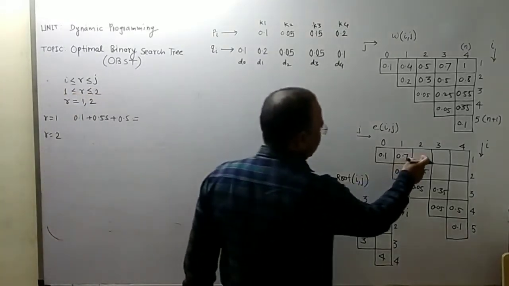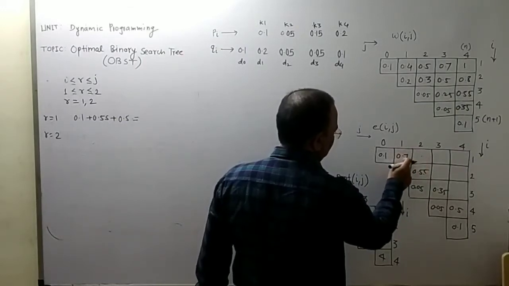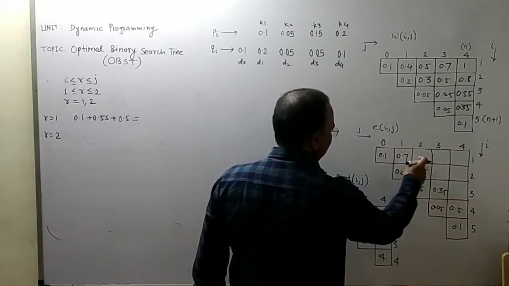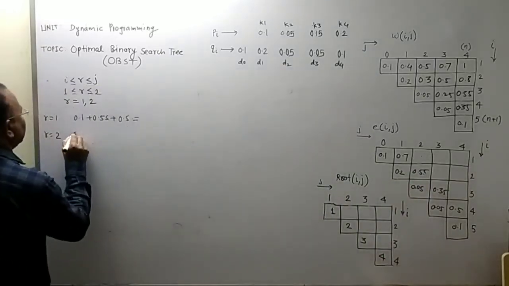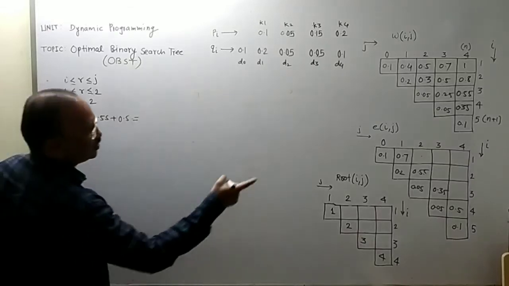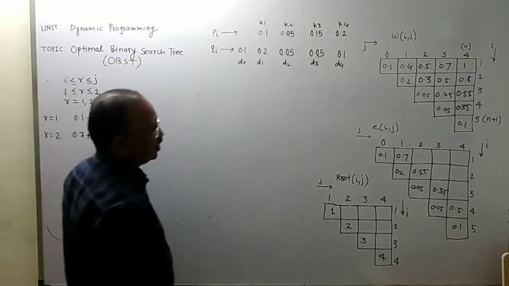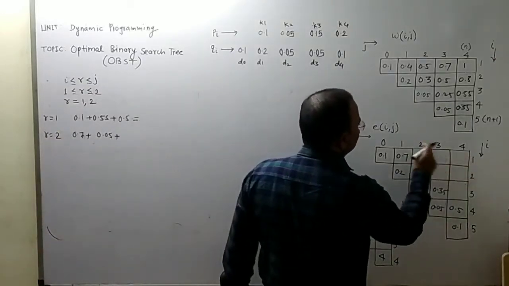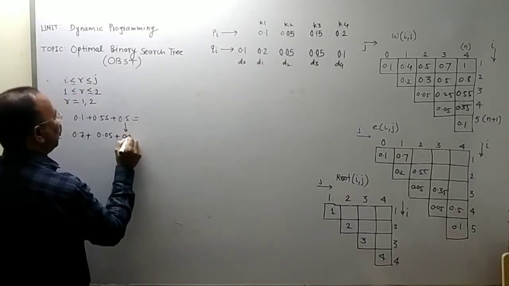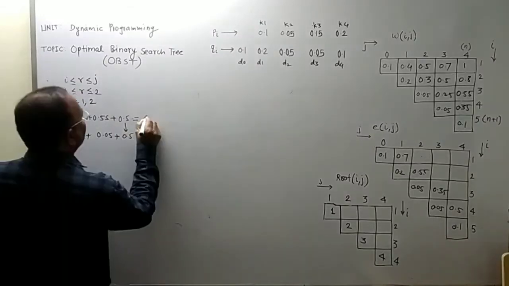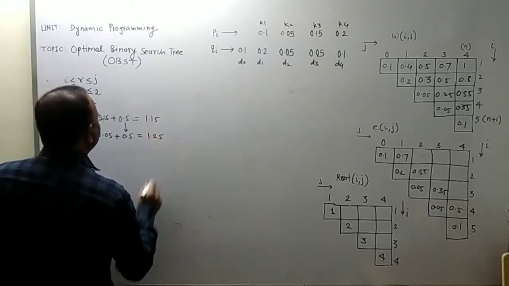Now for R equal to 2. For R equal to 2 we have to consider this value. On the downside we have to consider the last value, that is 0.7, plus 0.05, plus the value at 1, 2 position in the W table, that is 0.5. This equals 1.25.